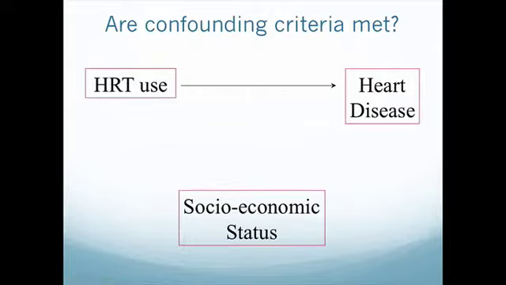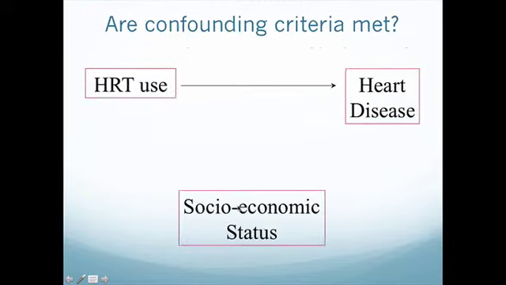And the question is, is hormone replacement therapy use a risk factor for heart disease? And to answer this question, you're going to want to consider, is socioeconomic status a third factor? So is there some association between socioeconomic status and hormone replacement therapy that I need to be cognizant and aware of?